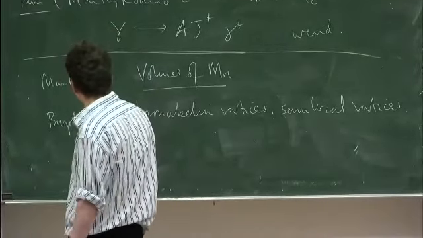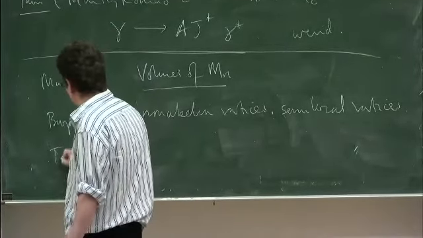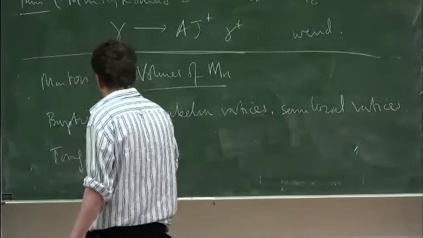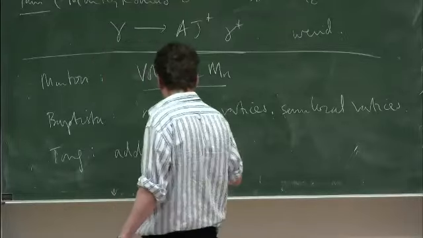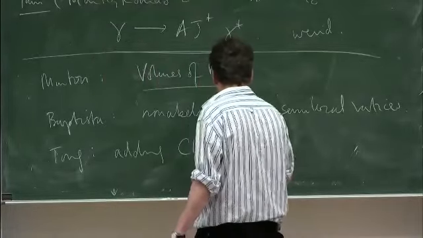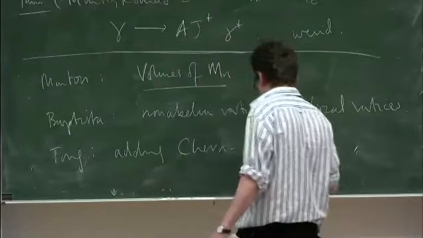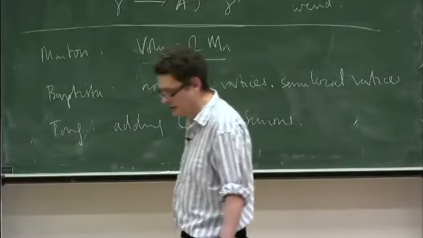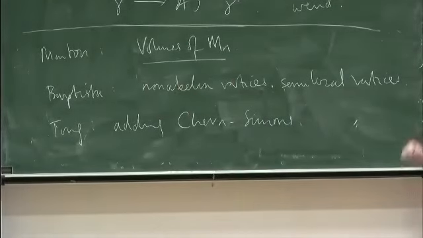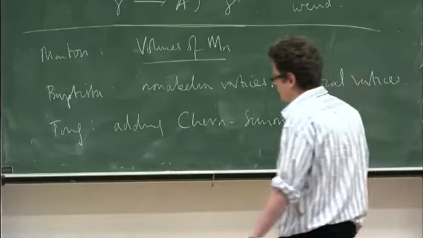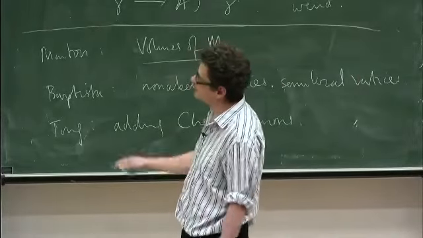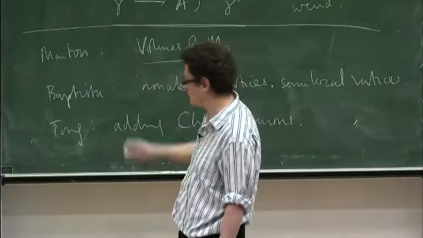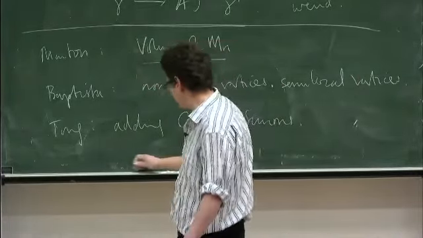And the other thing which is interesting is adding a Chern-Simons term. There's a conjecture due to David Tong that if you add a Chern-Simons term and change the theory a little bit in other ways as well, then instead of the vortices following geodesics in the moduli space, they follow magnetic geodesics.